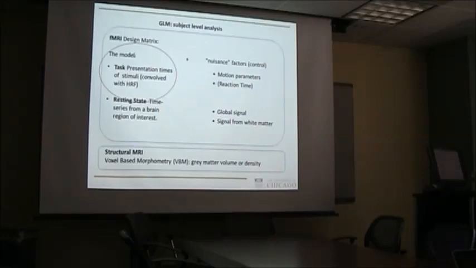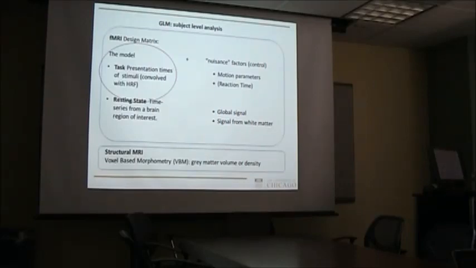For task-related fMRI, you often include the motion parameters. If you recall from last week, in the process of realignment you also get estimations of how much each subject moved from scan to scan. You can incorporate that information in your model to extra correct for motion.